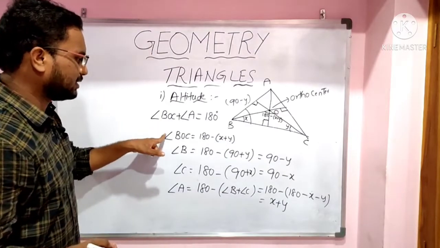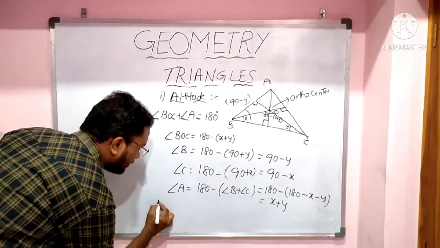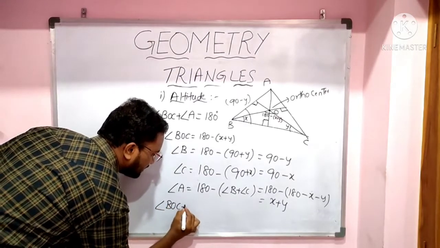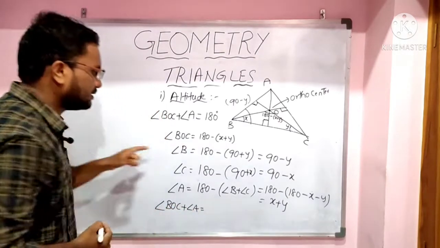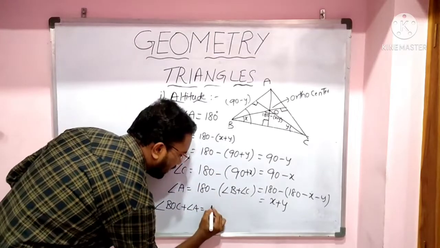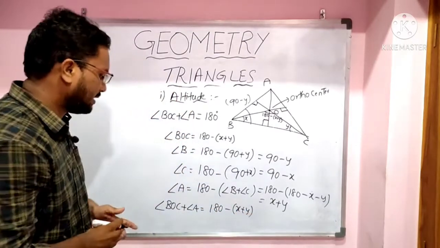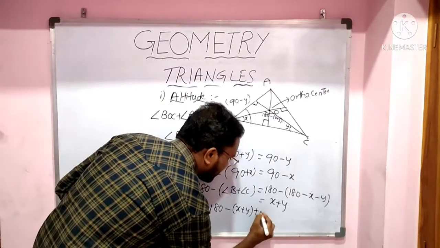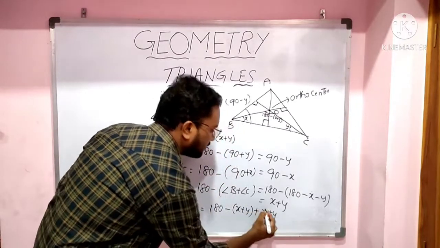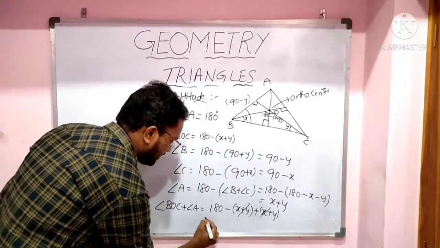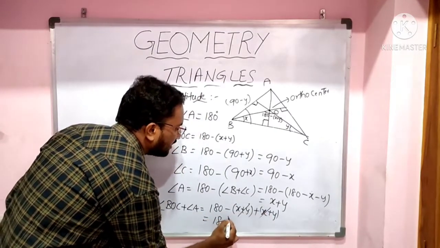So angle BOC plus angle A equals 180 minus (X plus Y) plus (X plus Y). These two cancel, so it is 180 degrees.